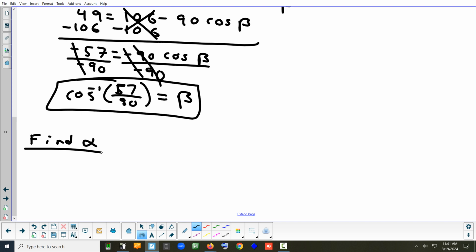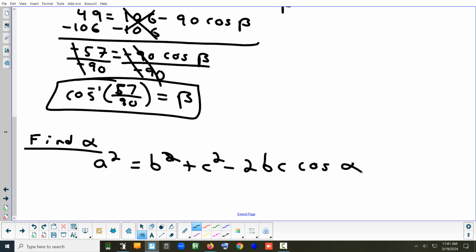So first thing I do is I write the formula so I don't have to think about what it is. a squared equals b squared plus c squared minus 2bc cosine alpha. Okay, so I don't have to scroll up, I'm going to ask you guys. What's a squared? 81. B squared? 49. And c squared? 25.